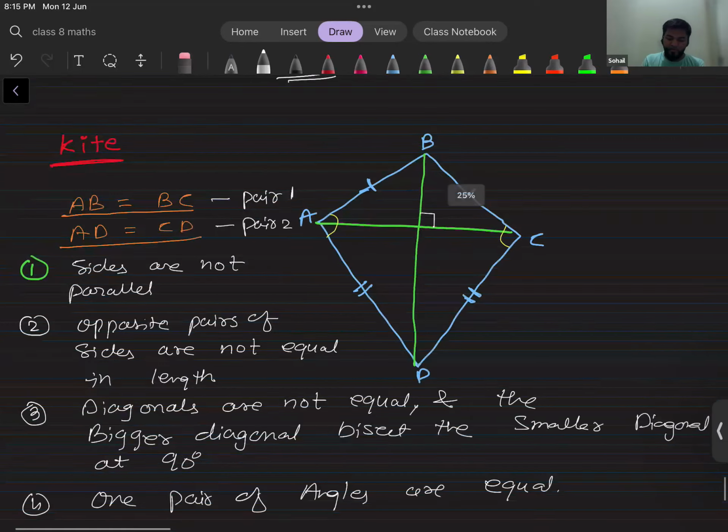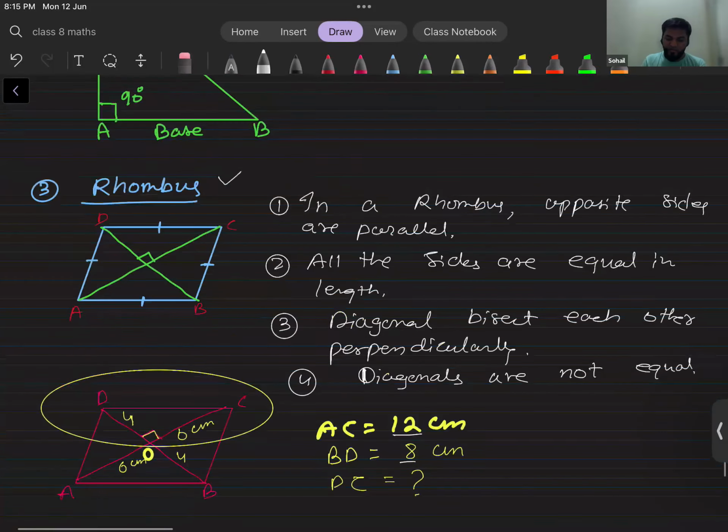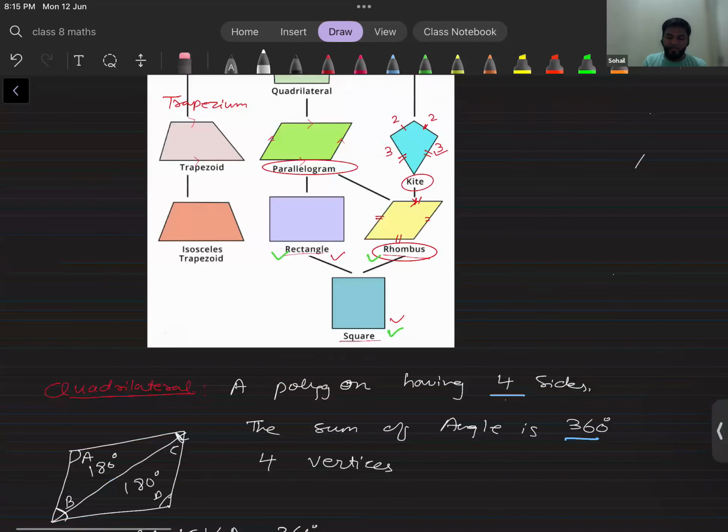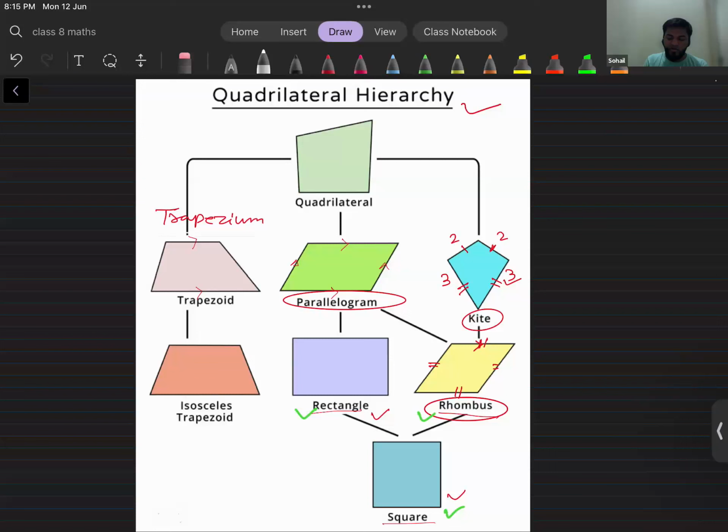Let me just quickly summarize what we have discussed so far. See this figure here. Quadrilateral has been categorized as a trapezium, a parallelogram, and a kite. In a parallelogram, the classification is like this: you have got rectangle, square and rhombus. In a parallelogram, opposite sides are parallel and opposite angles are also equal, like in the case of a rectangle, square or rhombus.